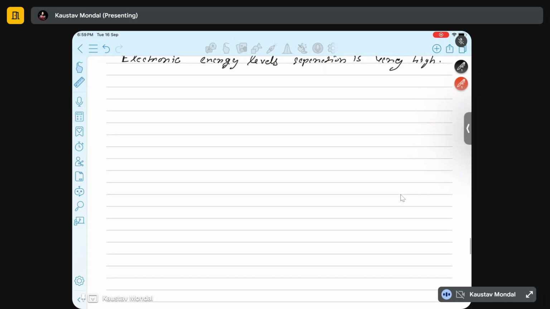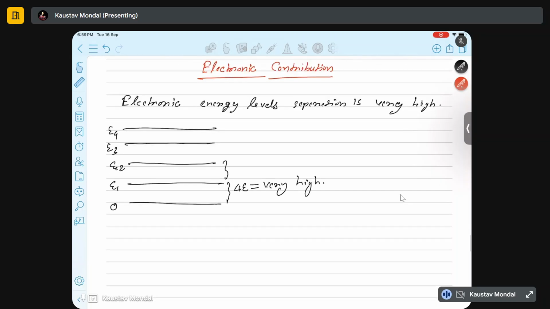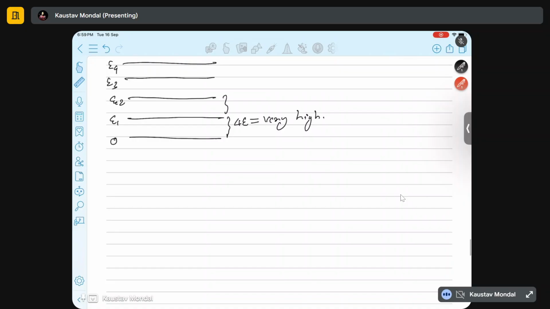So like if these are the energy states 0, E1, E2, E3, E4, like this, the energy difference between 0 and E1, 0 and E2 is delta E, that is actually very high compared to the case of vibrational energy levels. So sorry, electronic energy levels. Okay, so unless the temperature is very large, the contribution of electronic is very low, as the system tends to remain in the ground state.